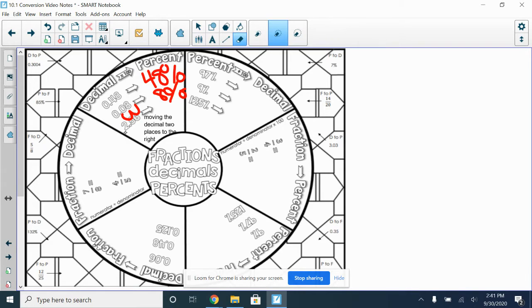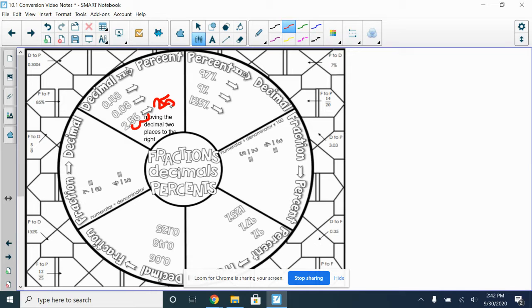Then again with the next one, I have 2.56. I erased it all, so I'm going to type it in neatly. So we're going to move it over 1, 2 places again, and you would have 256%.